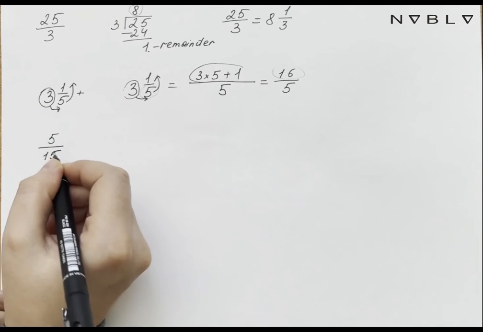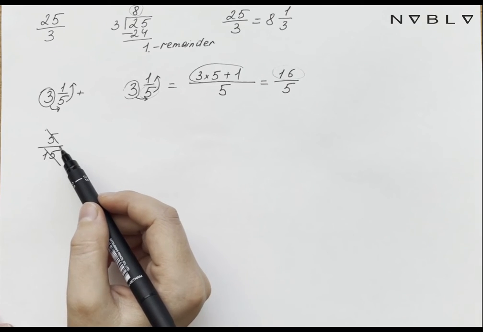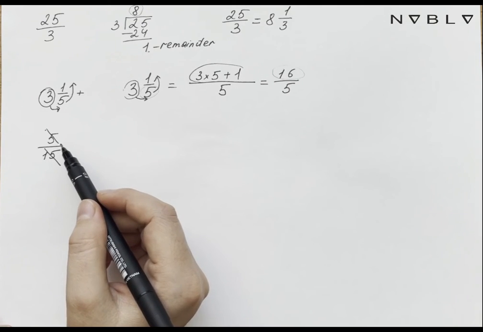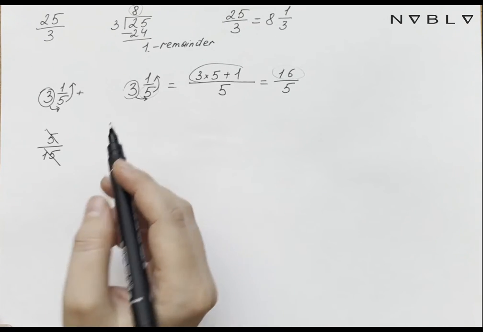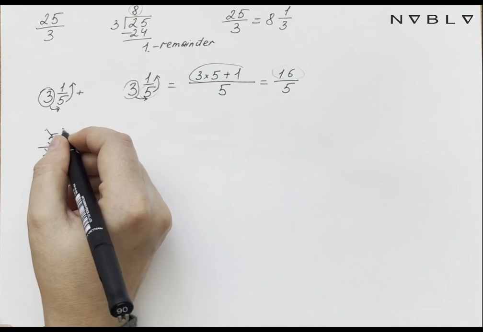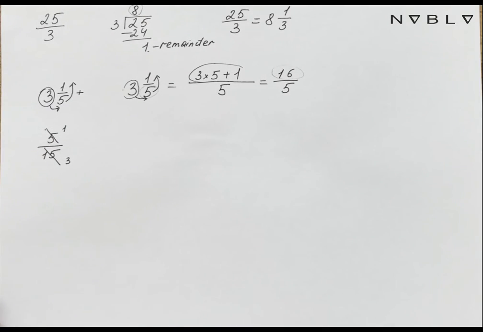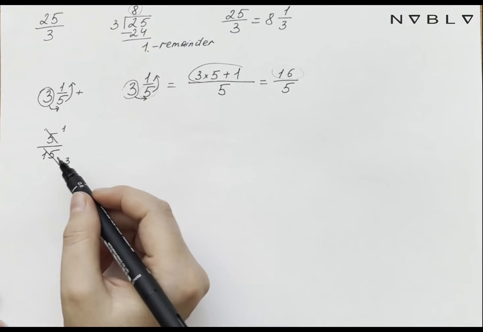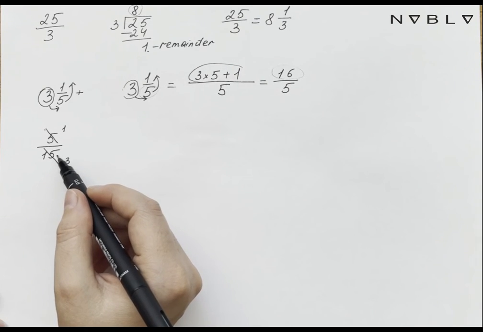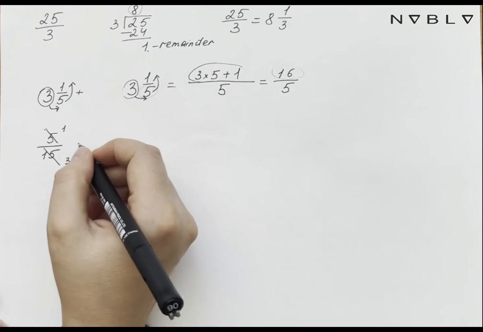For example, 5/15. They are both divisible by 5. We can cross out the numerator and denominator while writing the new numbers that we got. We got 1 and 3, because 5 divided by 5 is 1, and 15 divided by 5 is 3.